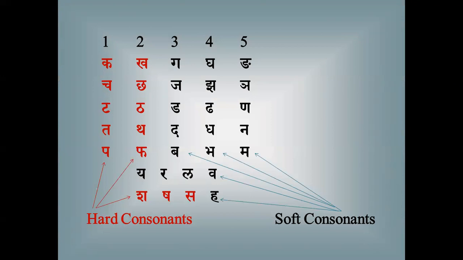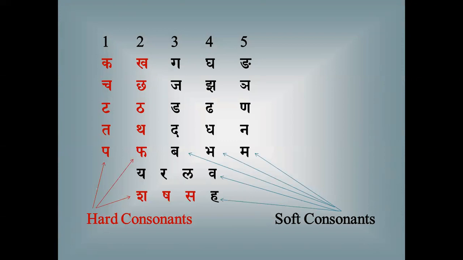So to summarize, what we have seen is all the class consonants, semi-vowels and sibilants. The first, third and fifth letters of all the classes are alpaprana. Ya, ra, la, va, the semi-vowels, are also alpaprana. The second and fourth letters of all the classes, and all the sibilants, are mahaprana.